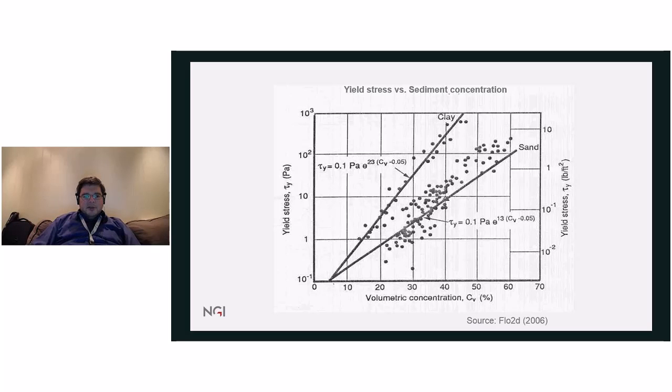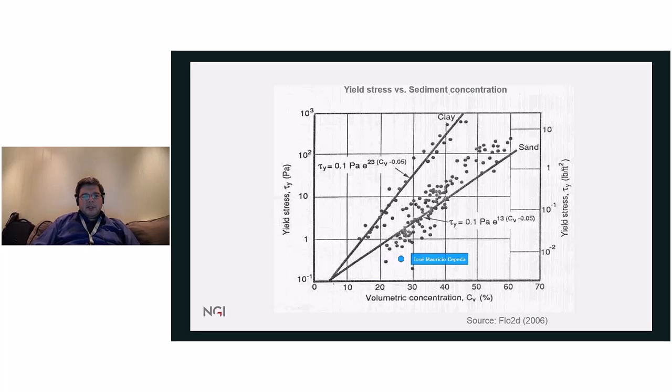The yield strength and viscosity are related mostly to the volume concentration of sediments, as shown here. This means that when we have a lower concentration of sediments by volume, or in other words a more dilute landslide, that will correspond to a lower yield stress.